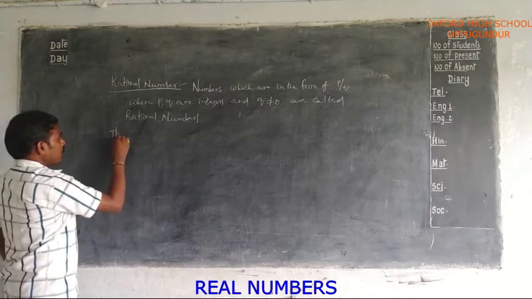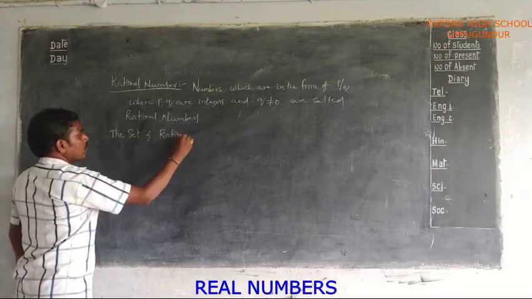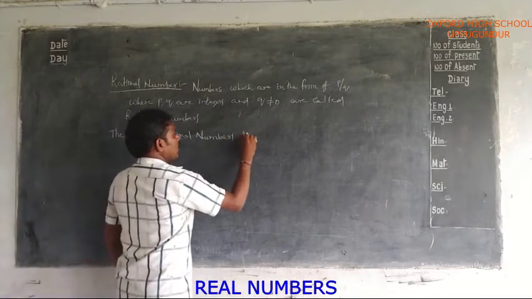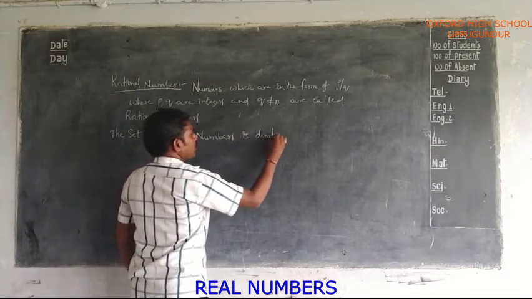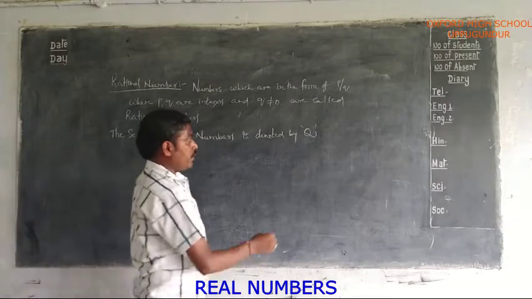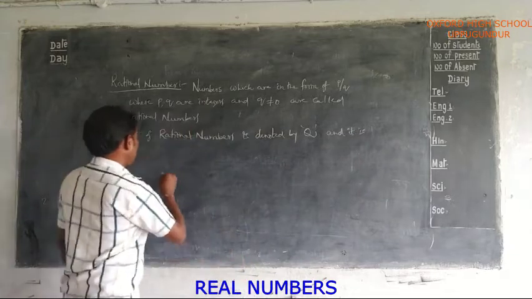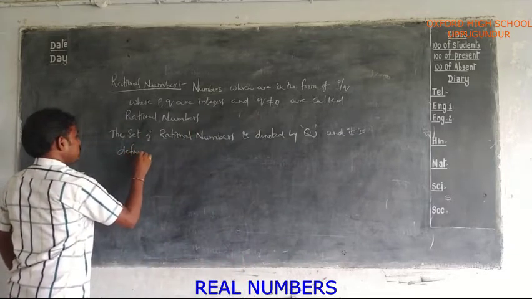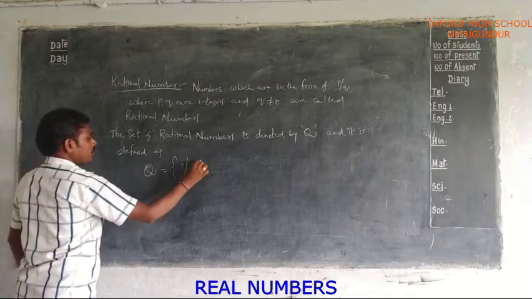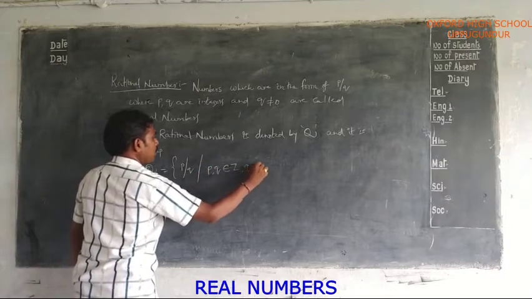So, the set of rational numbers is denoted by Q, and it is defined as Q equal to p by q such that p, q belongs to Z and q not equal to 0.